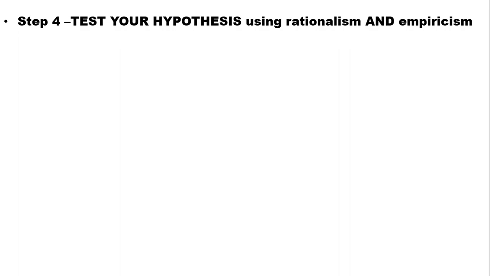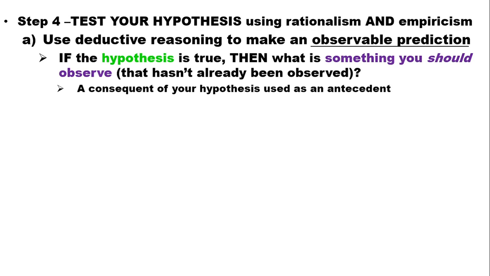As with everything else in science, you rely on our two sources of knowledge, rationalism and empiricism. And here's how you test it. There are two parts to every scientific test. The first part is you use deductive reasoning to come up with another consequent that's an observable prediction.